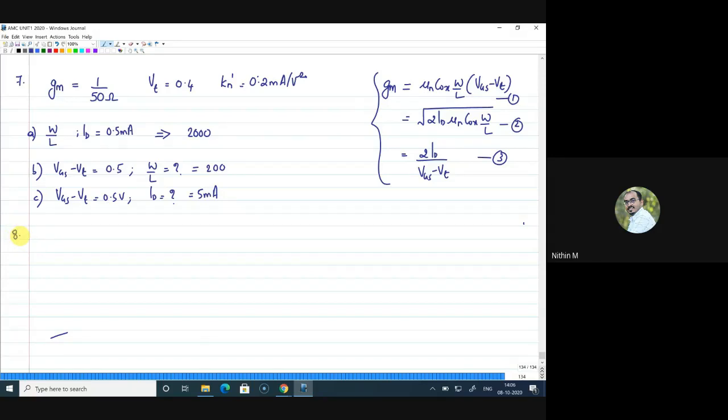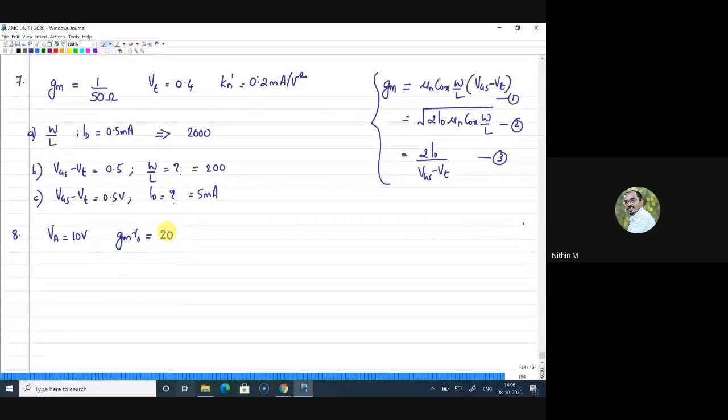Can we quickly go to question number 8? Question number 8 says that there is an NMOS device. Given that the VA of the NMOS device is 10 volts, but this must provide an intrinsic gain. The intrinsic gain is GM r0, which is equal to 20.